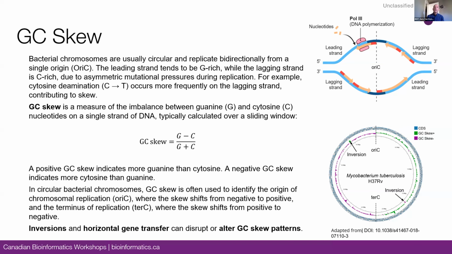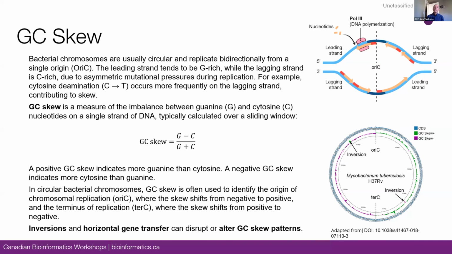And this can arise because of the different mechanisms used to replicate the bacterial genome on the leading strand versus the lagging strand. So the leading strand here you can see is a continuous synthesis.